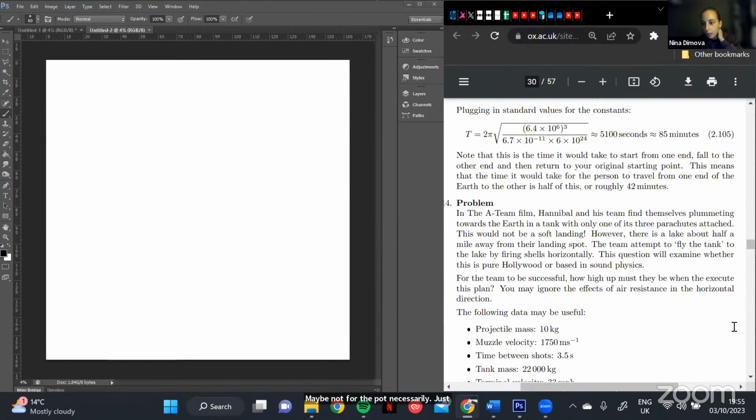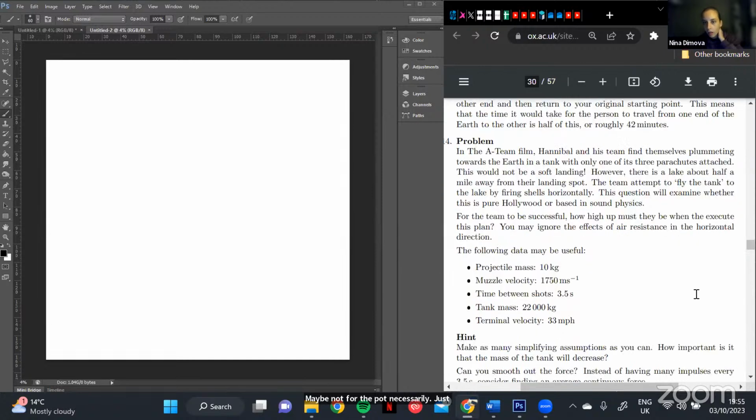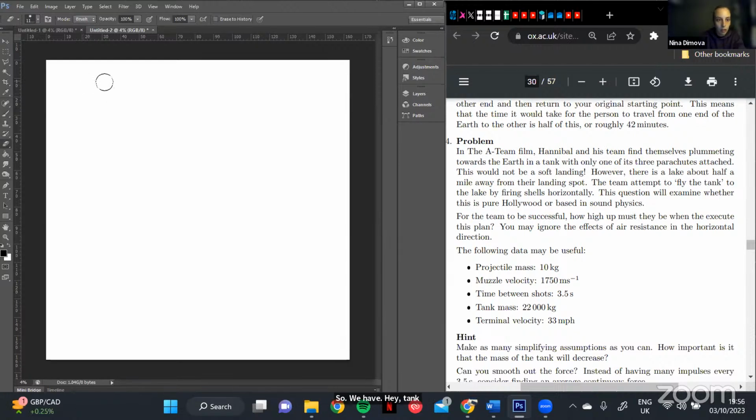Yeah, so the last problem, it's not necessarily a short one, but let's try to go through it relatively quickly. So we have a tank which is falling down. It's going to fall onto the ground, but some distance away from it, there is a convenient landing spot.